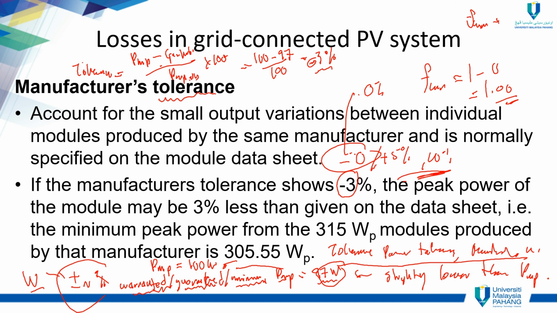Bila cari-cari tak jumpa, that's why kita kena cari wording ni: warranted, guaranteed atau minimum PMP yang biasanya the value is slightly lower than the PMP. Contoh, if the PMP module tu 100 watt, usually that minimum value tu contoh lah 97 or 98 or 99. So from there, we can calculate the tolerance. Macam ni kira dia. PMP tolak yang guaranteed value tu, bahagi dengan PMP, then dapatlah persen. Persen tu lah yang tolerance tu. Begitu.